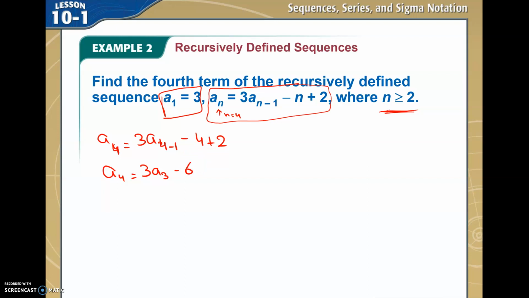Now here's the problem. What about a3? We don't have it. What do we do? It means you have to go by sequence. You have to find a2 first to get a3, and then you will use a3 to get a4. Clear?